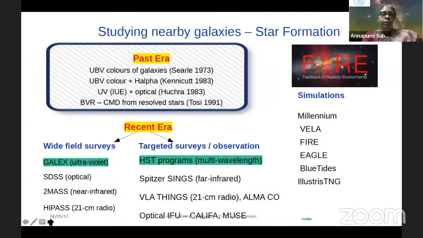But now we look at a combination of galaxies, DSS2, 2MASS, Spitzer, and also the gas, with ALMA, VLA, etc. There are also simulations which give an understanding of what is expected from physical inputs to the models. So things have changed over the last few decades, and it is again important to have a combination of wavelengths as well as a combination of ground and space.